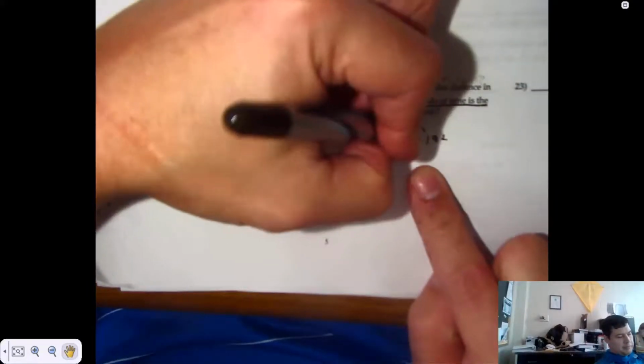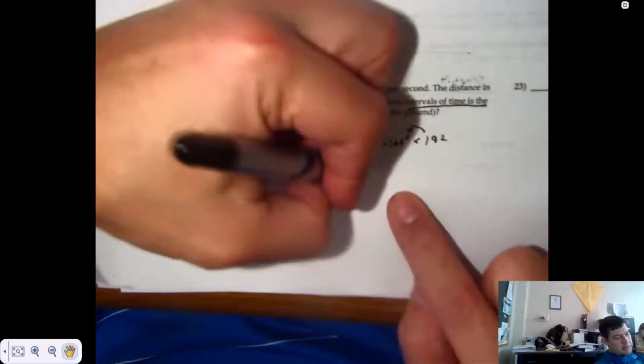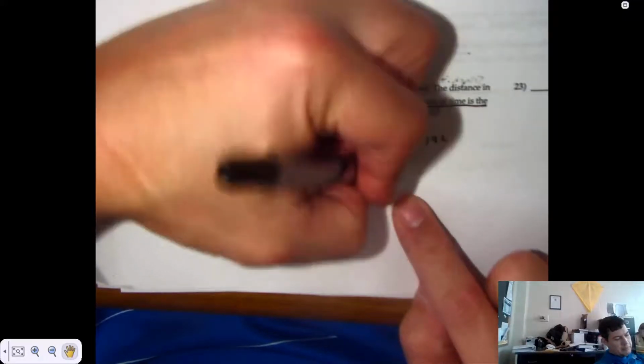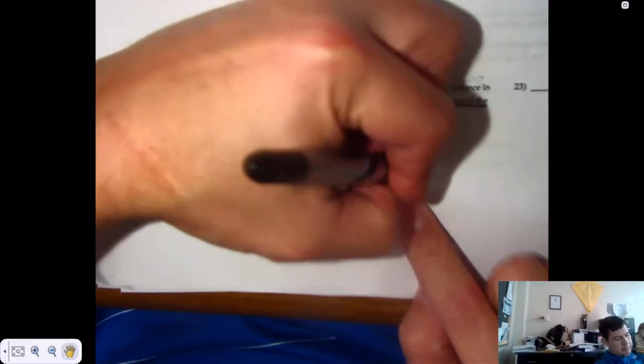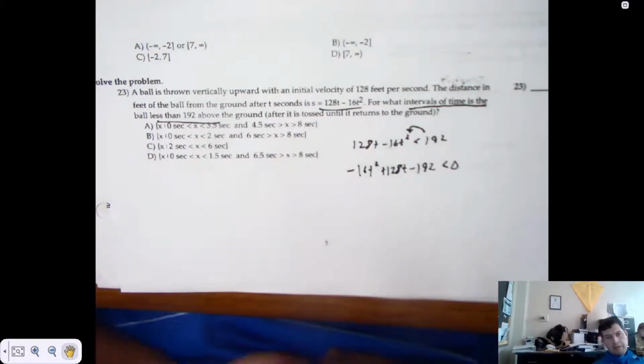Now anything with a quadratic is one-sided. It should also be put in standard form. That is going to be factorable.